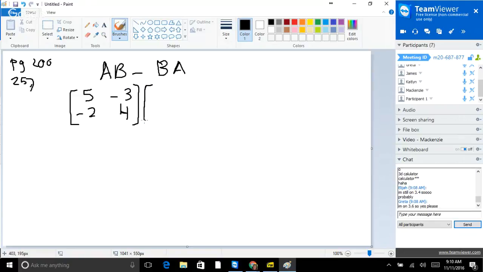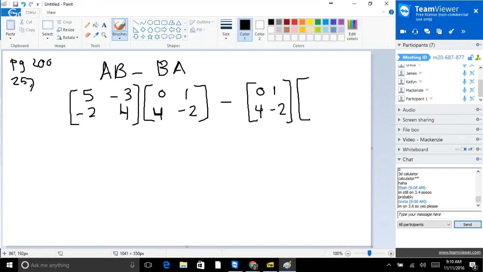And matrix B is 0, 1, 4, -2. So that's just the first part. This is A times B. And then we have minus B times A. Sorry for the messy writing.